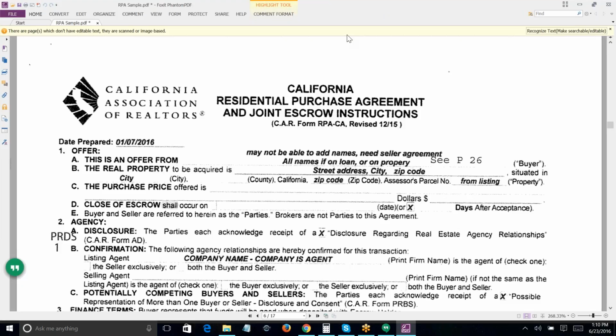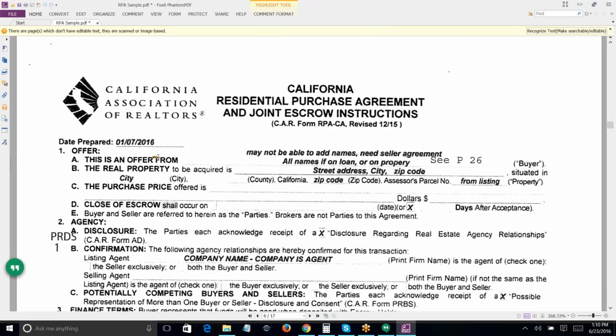But most of it is here. We're going to go through how to fill out the residential purchase agreement, a little bit about what it means and what you would say.